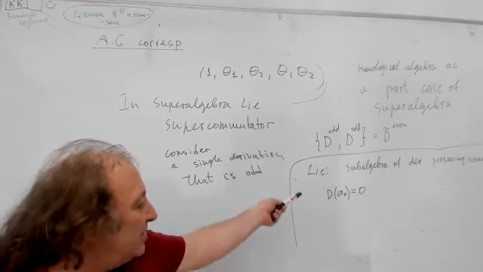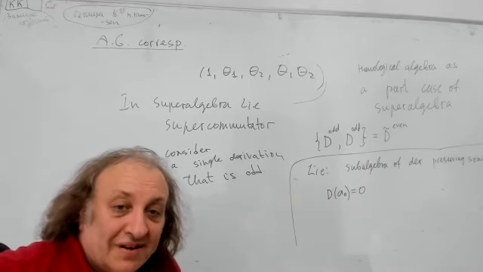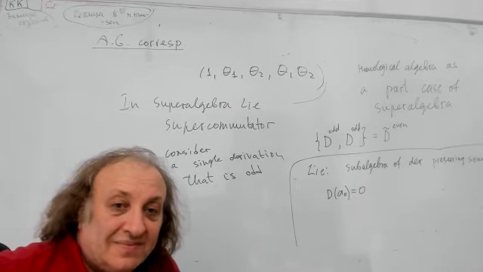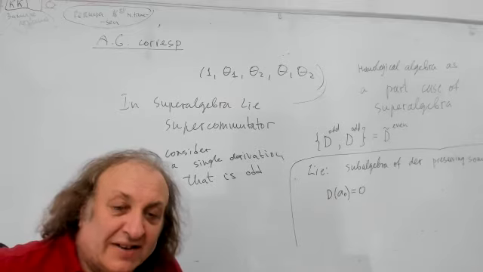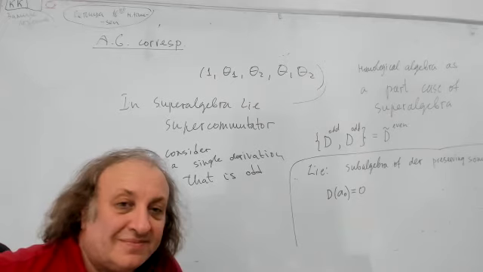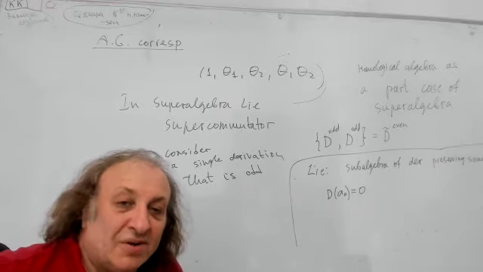What does it mean that D applied to A naught is 0 if A naught is a function? So on algebraic side, it's clear. Vector field preserves function. But functions correspond to geometrical objects.